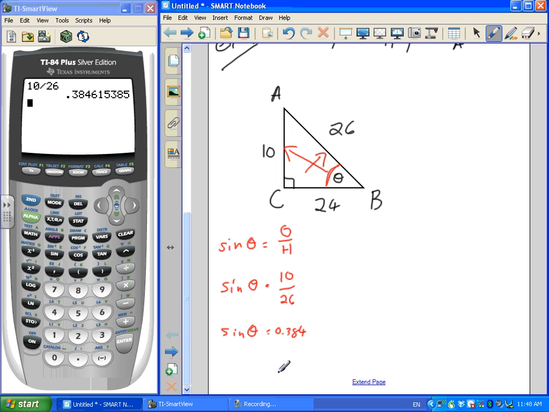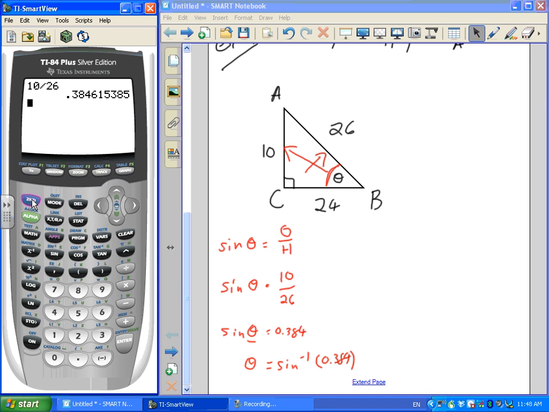Now remember, I'm trying to isolate for just theta, which means I have to bring sine to the other side. Now we did this with tangent yesterday. What do you think sine will become when it's on the other side? It will become sine to the exponent of negative 1, 0.384. So what I'm going to do is push second function, which many of you have to do, sine.